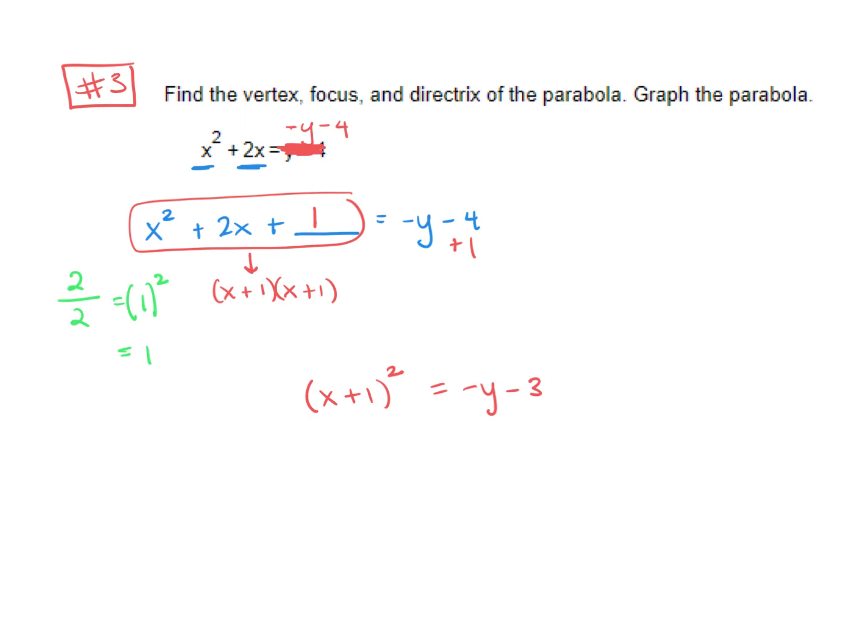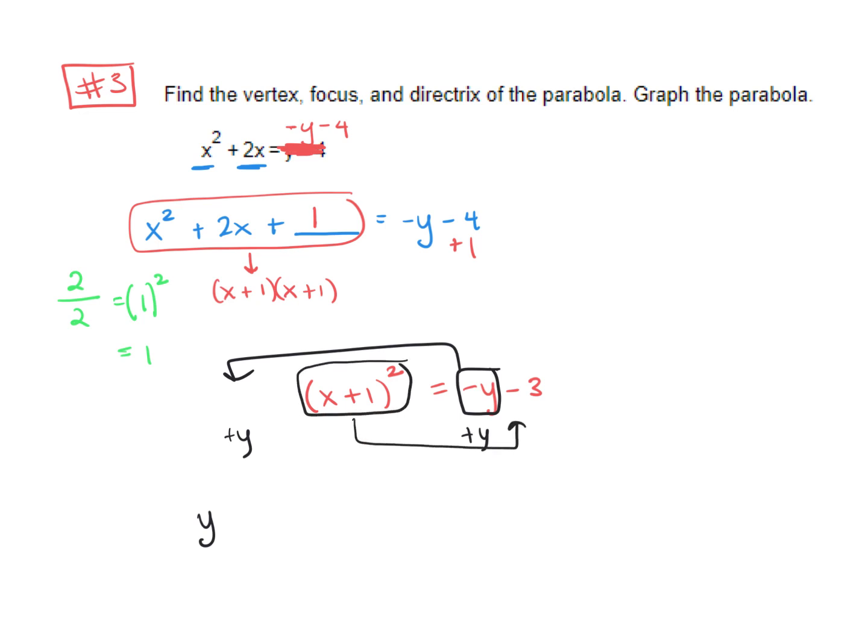We're going to solve for y because our parabola equations start out with x equals or y equals. But I want to get this y over to the other side of the equation. So I'm just going to add the y. So I have a positive y over here. Now this whole thing right here, I want that on this side of the equation.